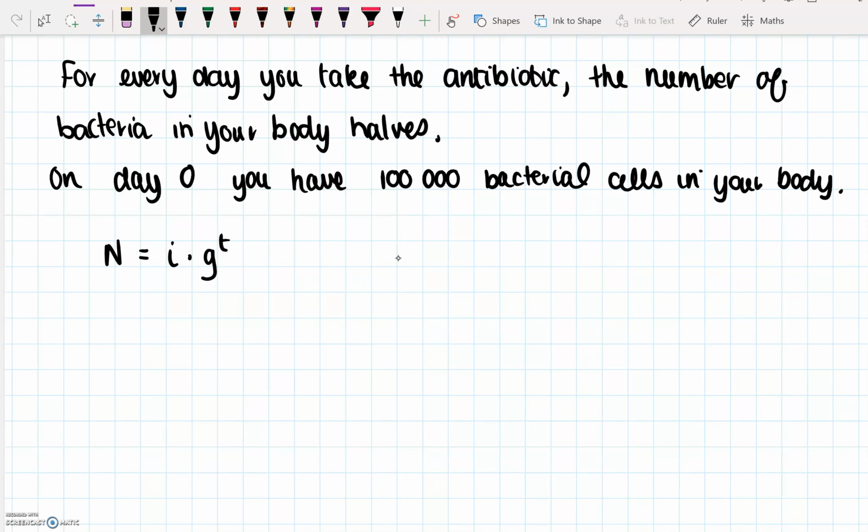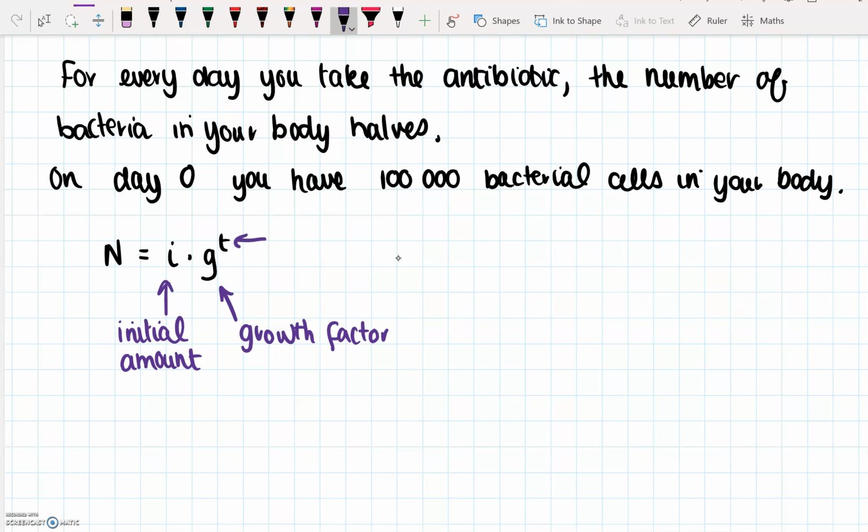This is still the same. I is still your initial amount, g is still your growth factor, and in this case, our growth factor is going to be a little bit different, but we'll talk about that in a sec. And t is still your time.